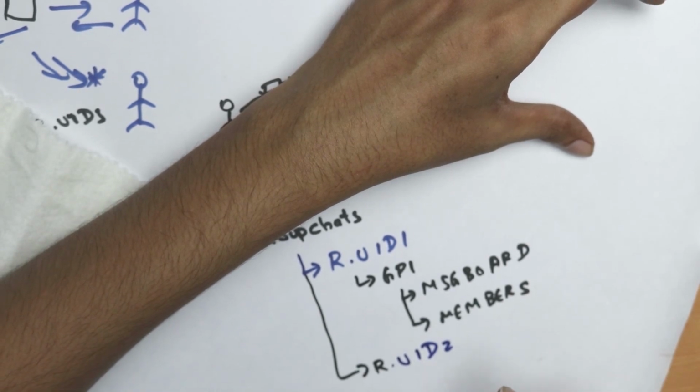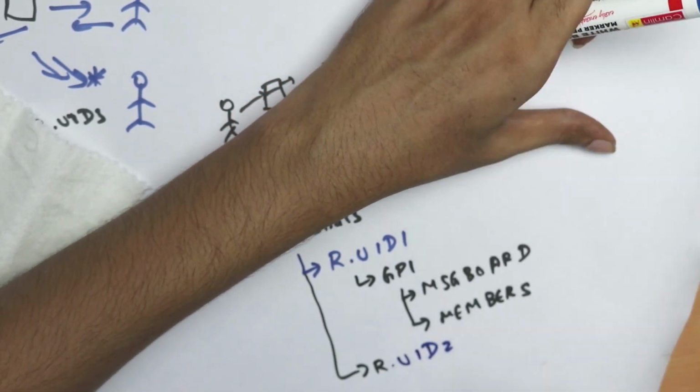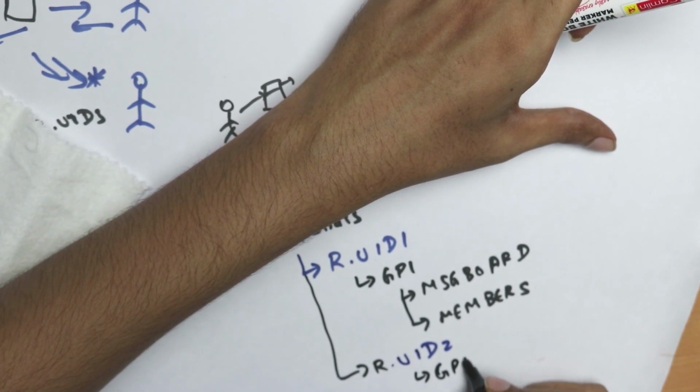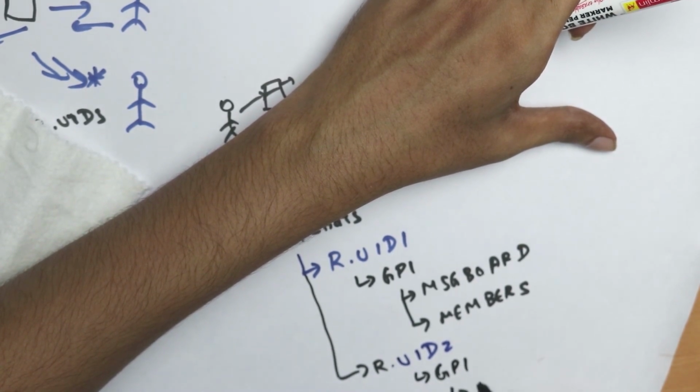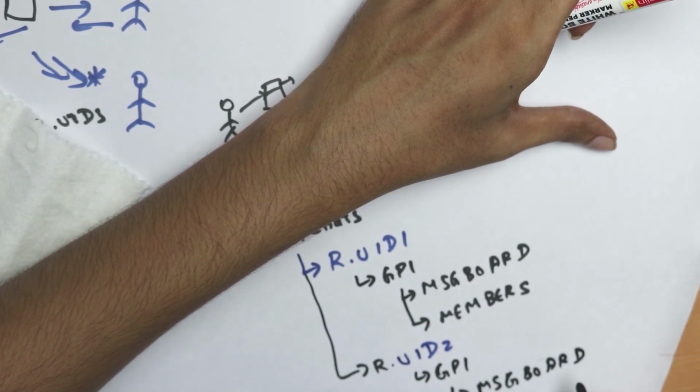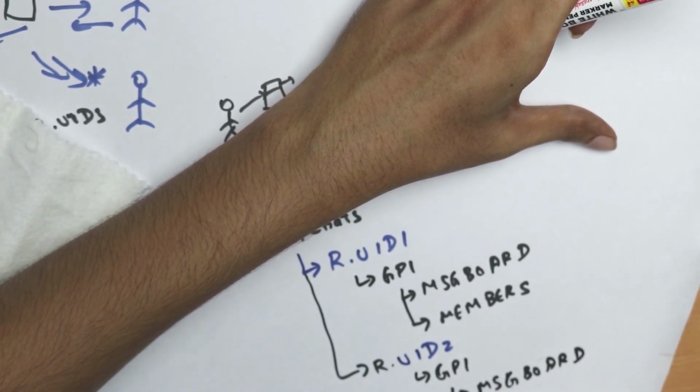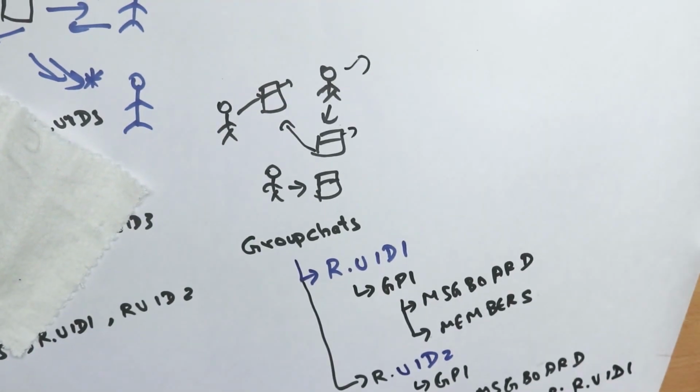This will be the member, right? I'll create a node for his group 1, and inside this I'll have a message board, and instead of having a members list, I'll simply have a key value called creator, and inside this I'll store RUID 1, the person who created this group.